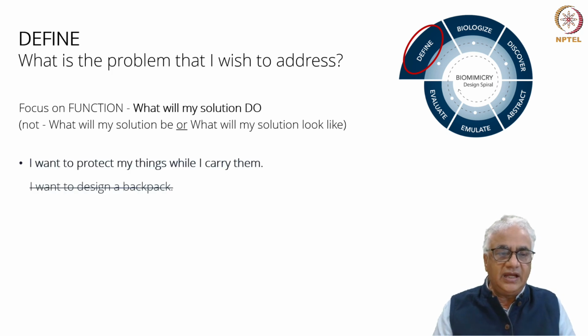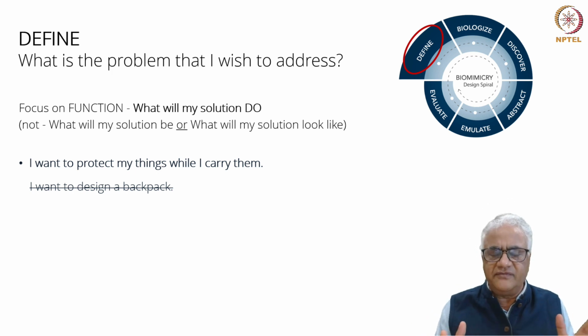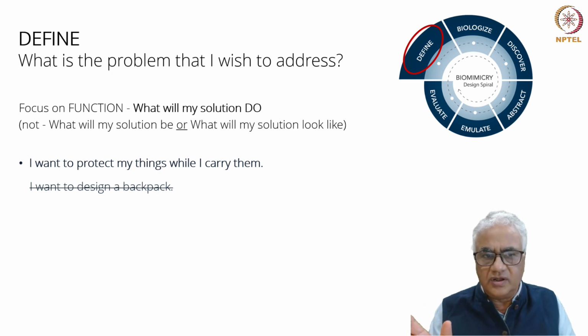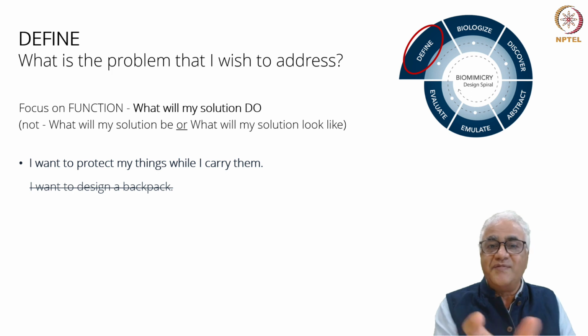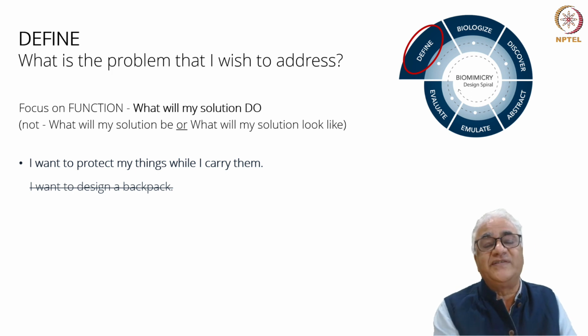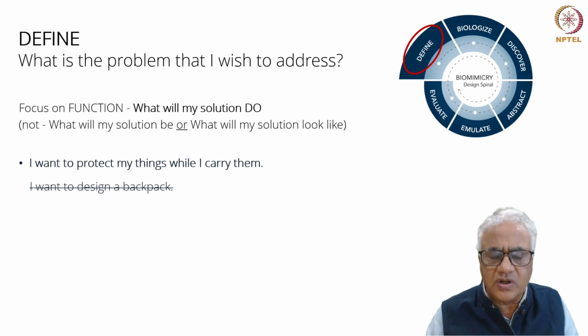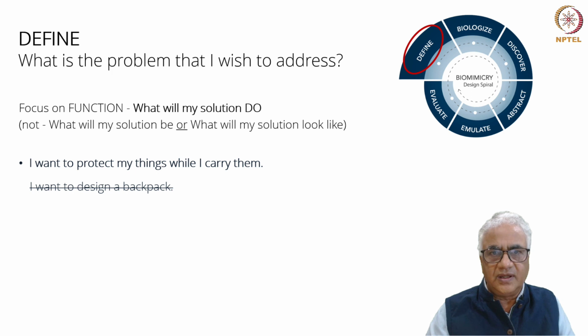So instead of saying, I want to design a backpack, which is what we say the minute we look at it, and we go ahead, we say, no, I want to protect my things while I carry them. The minute you say that, see the possibilities. The minute you say, hey, Shiva, what do you want to do? I want to protect my things when I carry them.